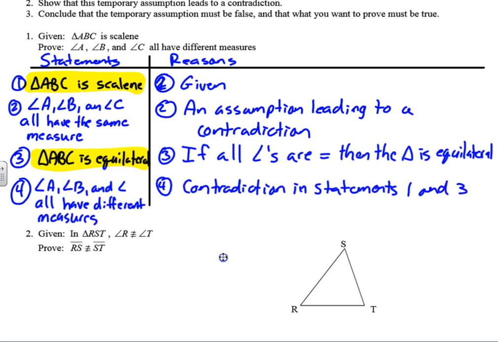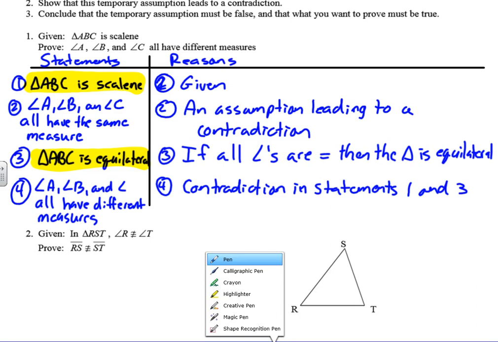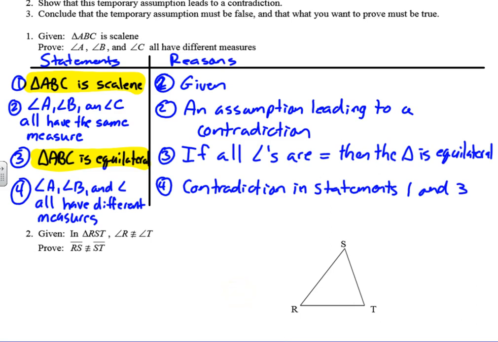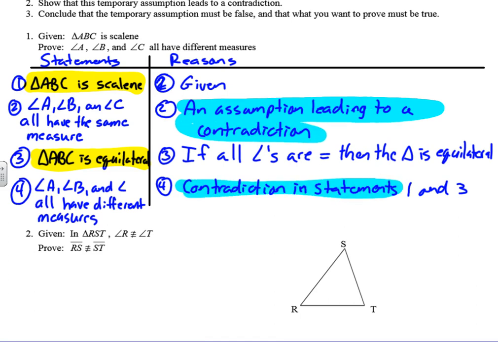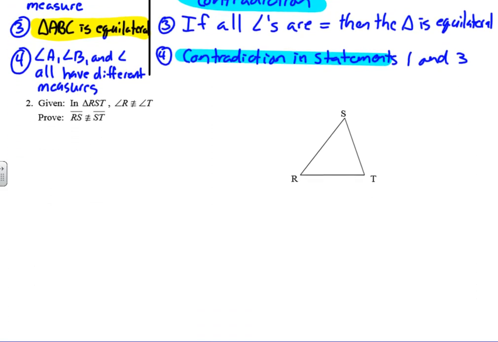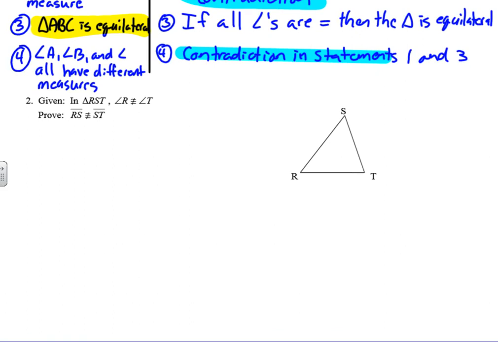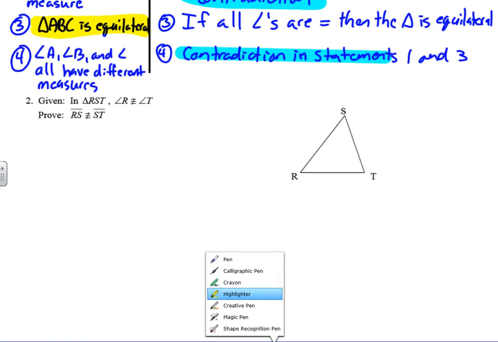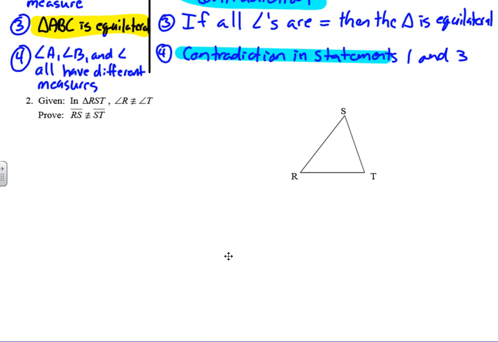Okay, so the two new reasons that you're going to use for this are found here: an assumption leading to a contradiction, and a contradiction in statements. And that will change the number of the statements, but that's the idea of how we do this.